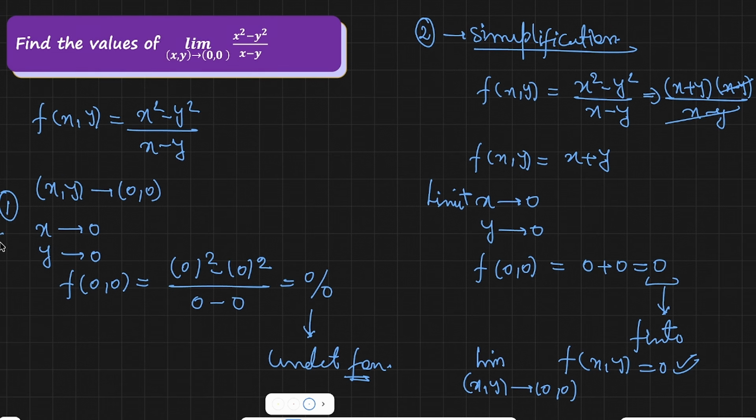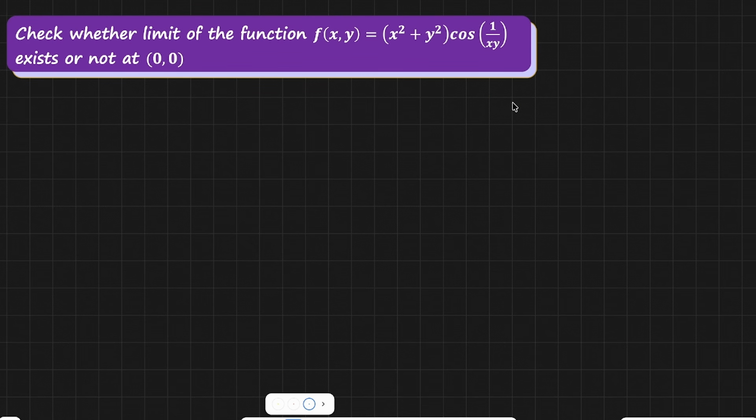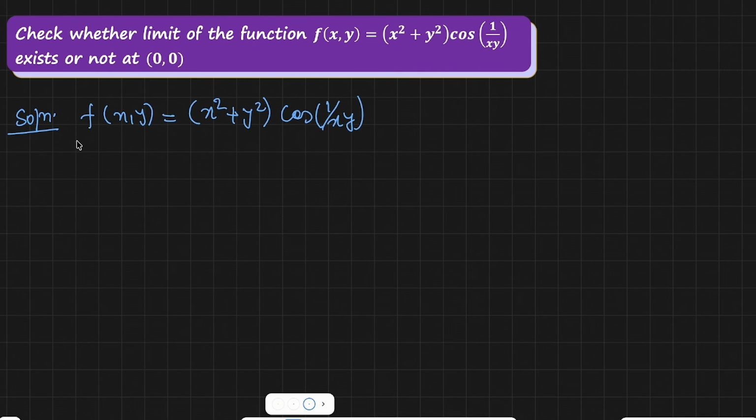So this was step number 1 and step number 2. Now come to this problem: how to solve these kinds of problems? Whenever you have this kind of problem, you simply write it like this. f of x comma y is equal to (x square plus y square) cos of 1 upon xy.